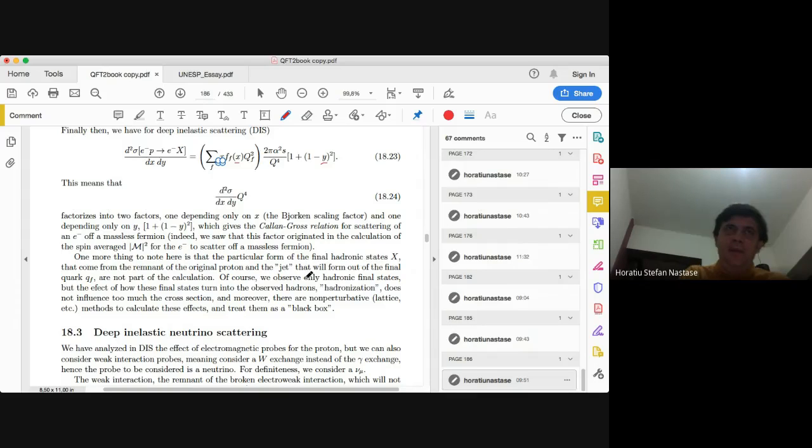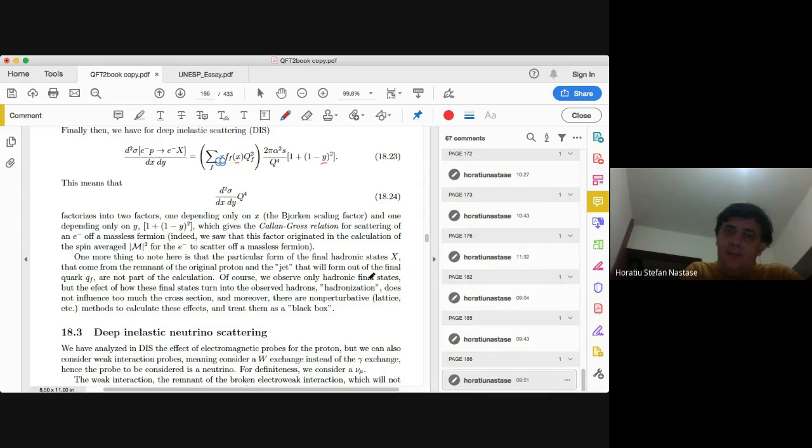So what we have is a process that is called hadronization, a non-perturbative process where this initial jet, which is a quark or a proton with a parton or a proton without the parton, interacts with the vacuum and becomes a sum of states that are chargeless, that are gauge invariant.